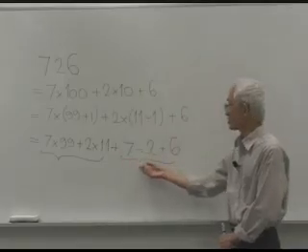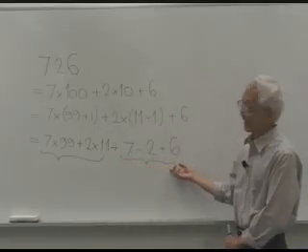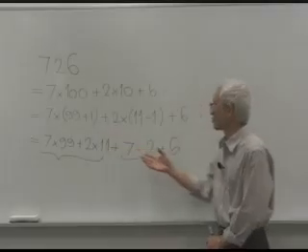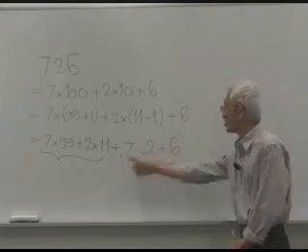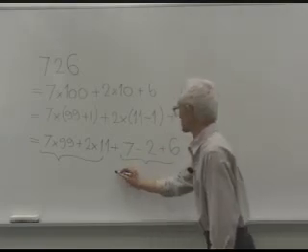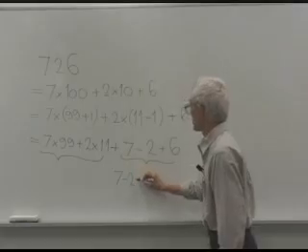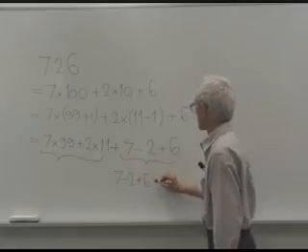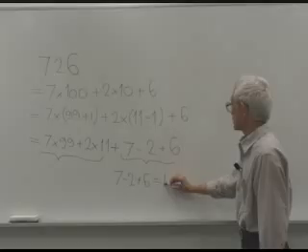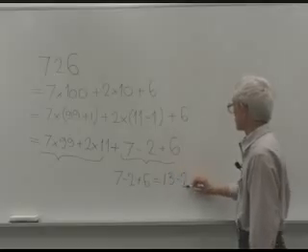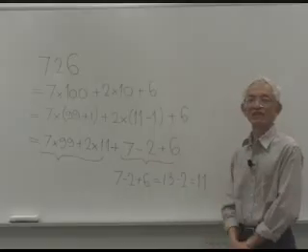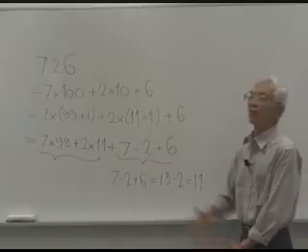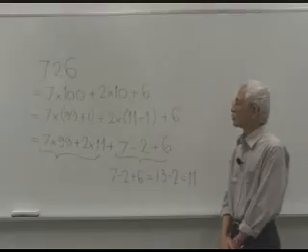If this is also divisible by 11, then since both are divisible by 11, the sum is also divisible by 11. Let me check here. And this is easy, because 7 minus 2 plus 6 is equal to 13 minus 2, which is 11. So indeed, this is divisible by 11. So I know that 726 is divisible by 11.